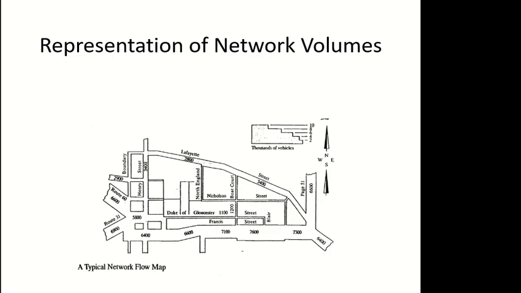It's a map of the area, showing streets, and you can see the size of the street is changing. This one is smaller, this one is bigger, these are very small, this is somewhat small. Their width depends upon the VMT on it or the volume on it.